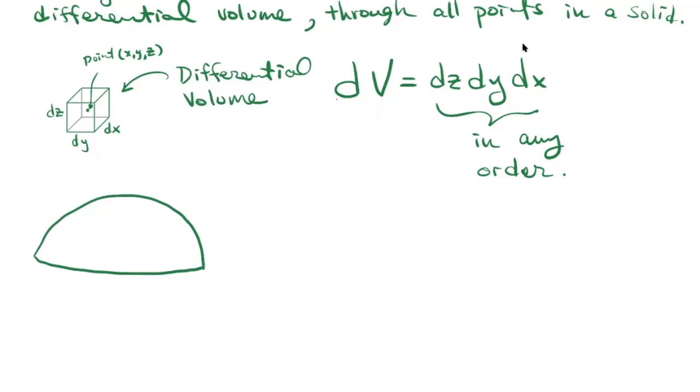Okay, so this solid is called Q. And I can take my little differential prism here and maybe put a copy of it inside.